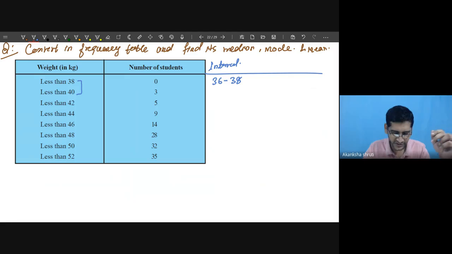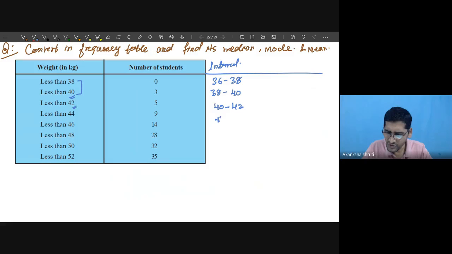So 36 to 38. Next one is less than 40. 40 is our upper limit, and it is 38 to 40. Next one, 42 is our upper limit, and from the previous it is 40 to 42.